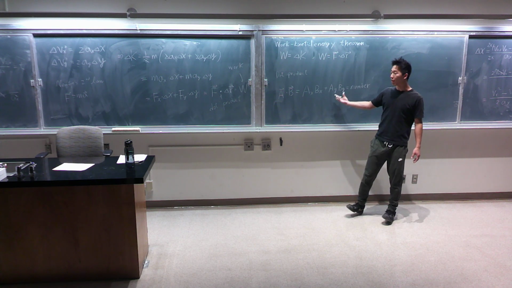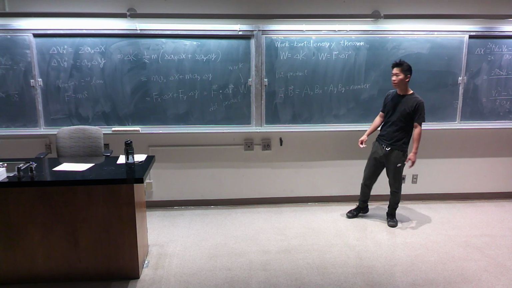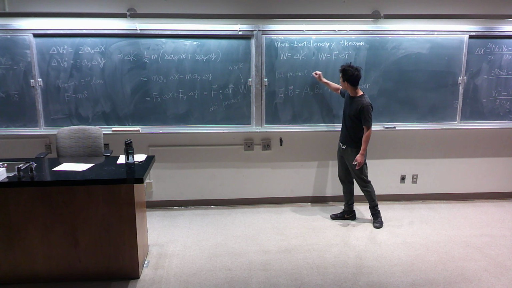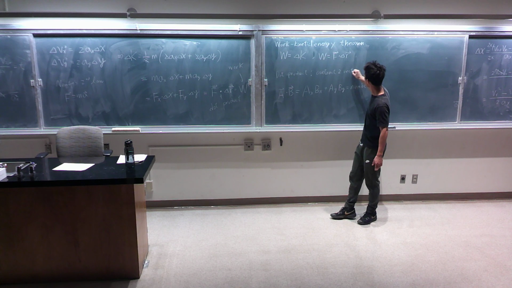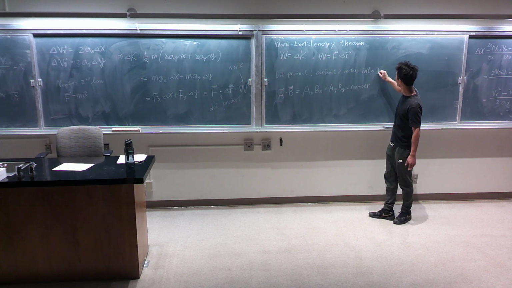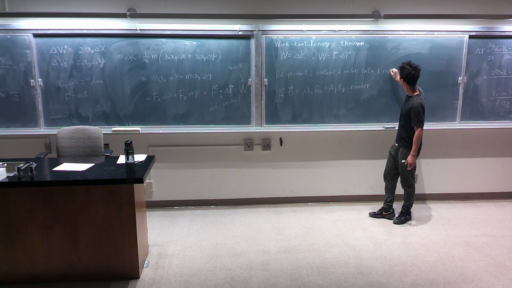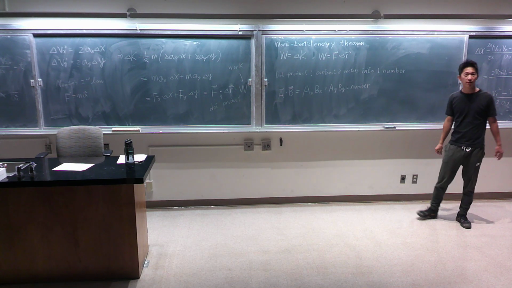And the components are numbered, so if you do this, you get a number. So dot product will contract two vectors into a number. That's what dot product is doing.